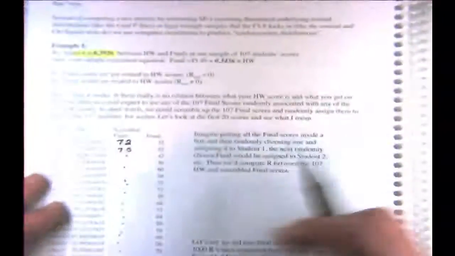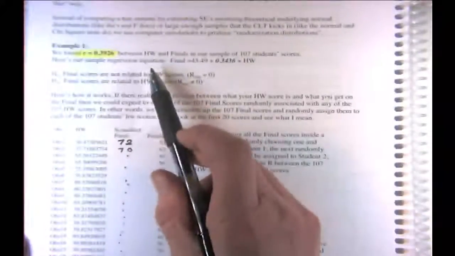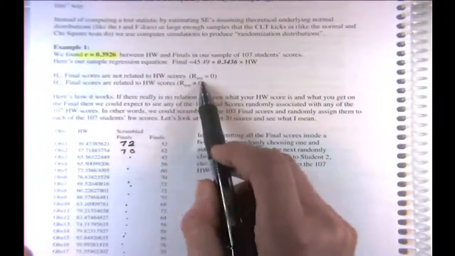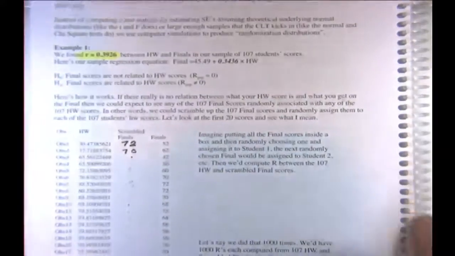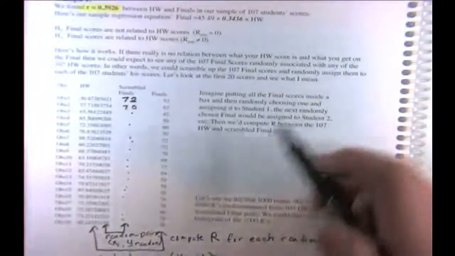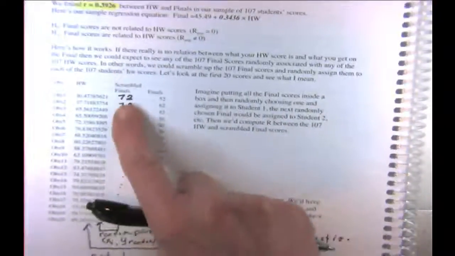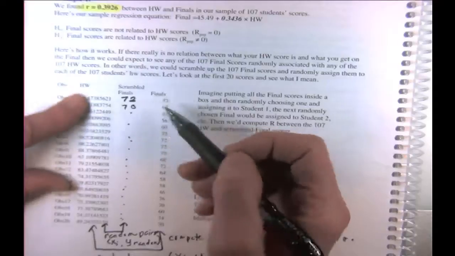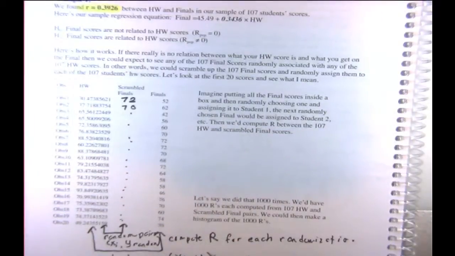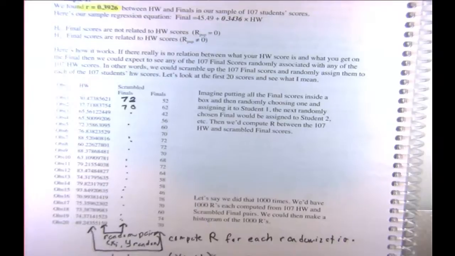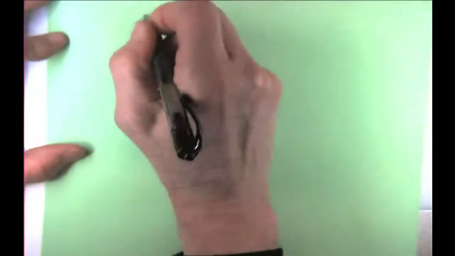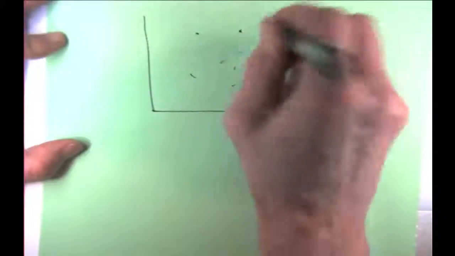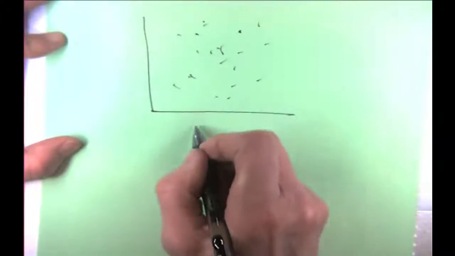They say, okay, if your null is that in this wider population that you took this sample of 107 students from, homework and finals are completely and utterly unrelated, you have a scatter plot that looks like this, totally random, between homework and finals.